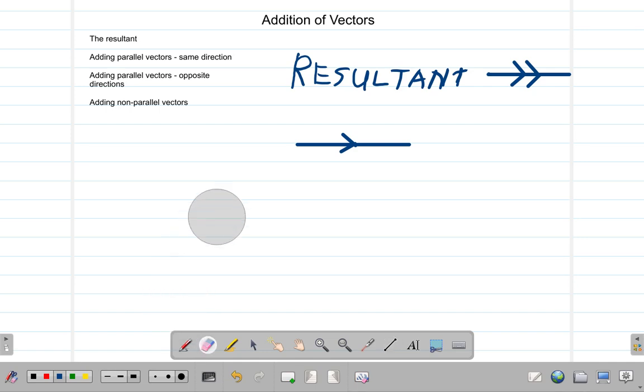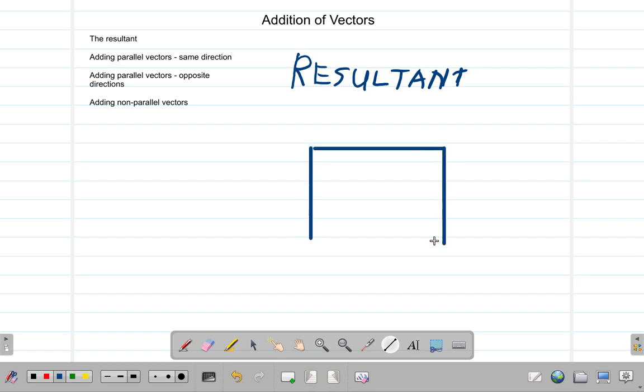Now, we're going to add two vectors that act in the same direction. Looking from upstairs, looking downstairs on the auditorium, you are pushing this table.